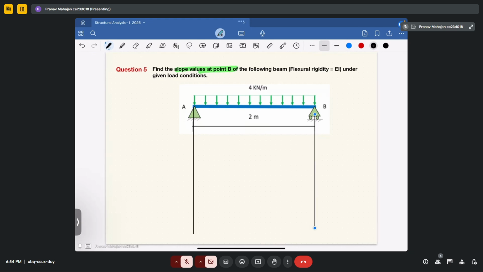If you draw the bending moment diagram, it will be parabolic with the maximum value at the center, and this value will be equal to WL square upon 8.